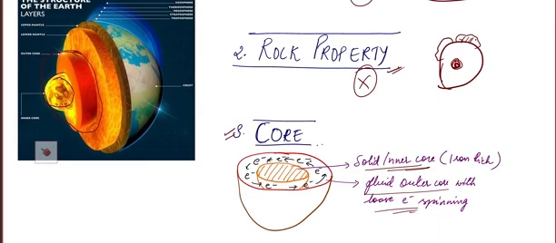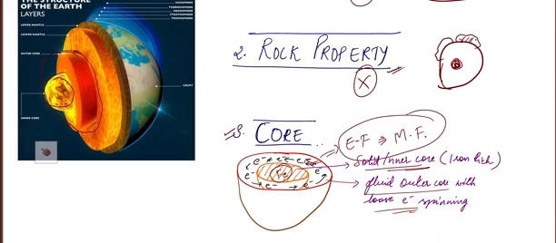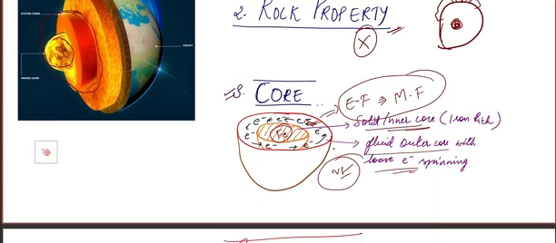Because of its molten state, or its fluidity, these electrons revolve around the solid inner core, which is ferrous rich, that is iron rich. So due to the iron-rich core and electrons revolving around it, an electric field is generated, and due to the electric field, a magnetic field is generated. So the electric field helps in strengthening the magnetic field. This is partially correct, and we'll see the next things.